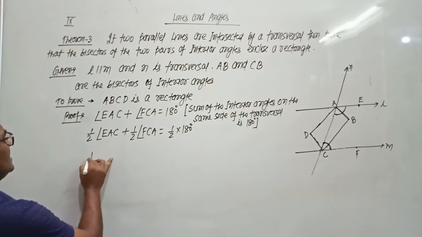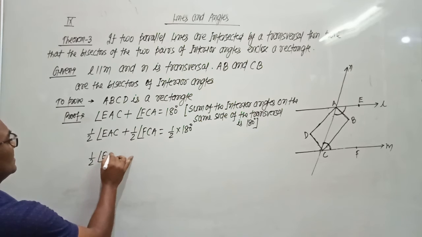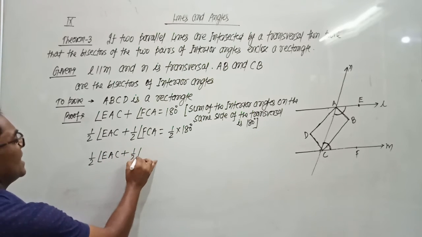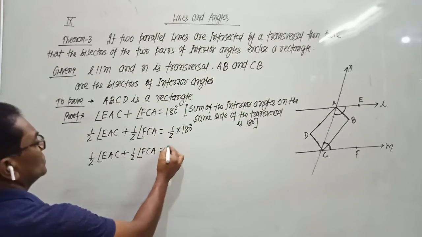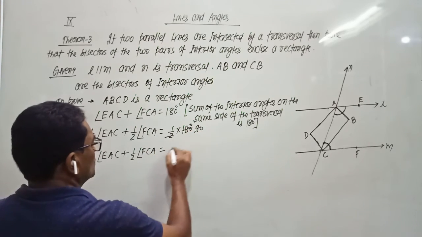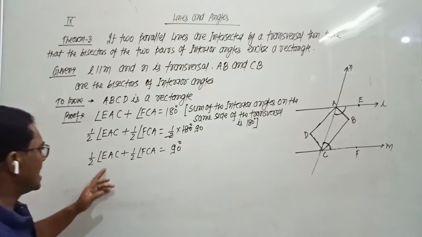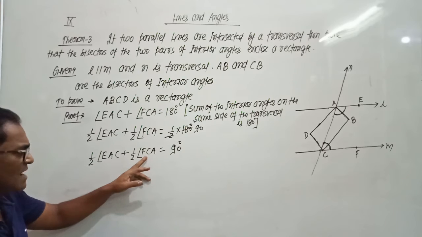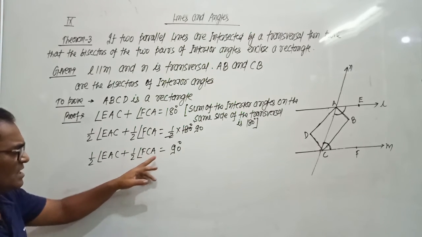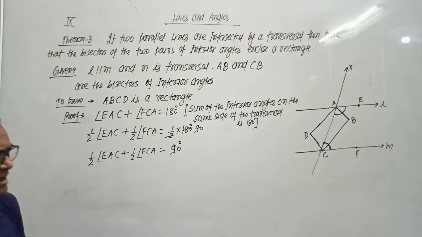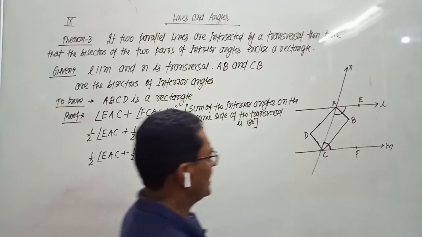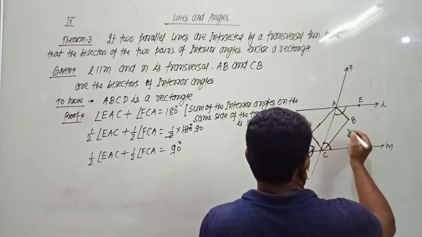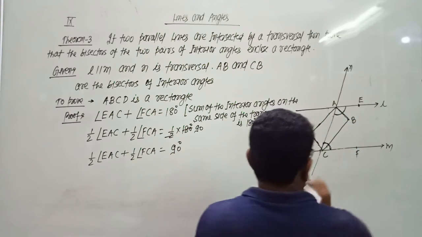So half angle EAC plus half angle FCA equals 180 divided by 2, so we get 90 degrees.